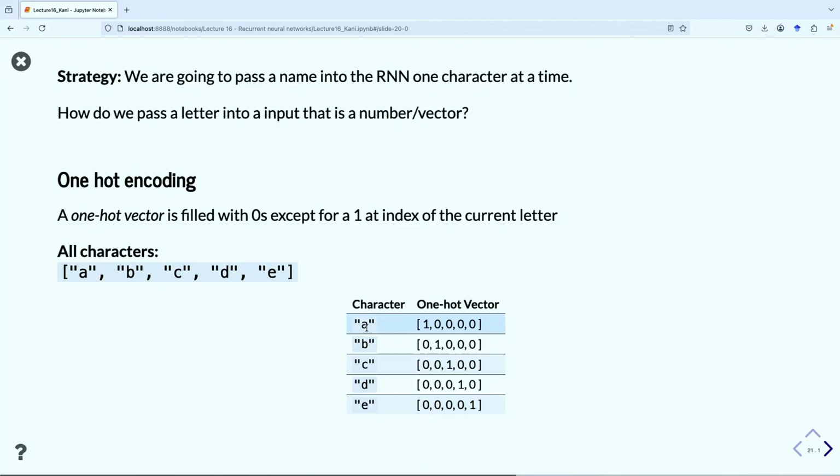For instance, if our alphabet was A, B, C, D, E, the one-hot vector for A would be 1, 0, 0, 0, 0. The one-hot vector for E would be 0, 0, 0, 0, 1. Okay? Turns out one-hot vectors work fairly well.